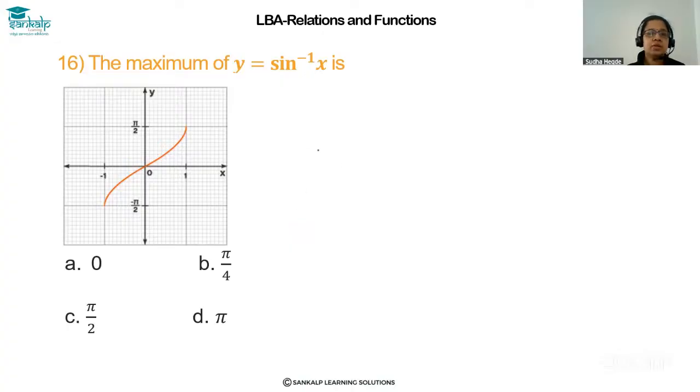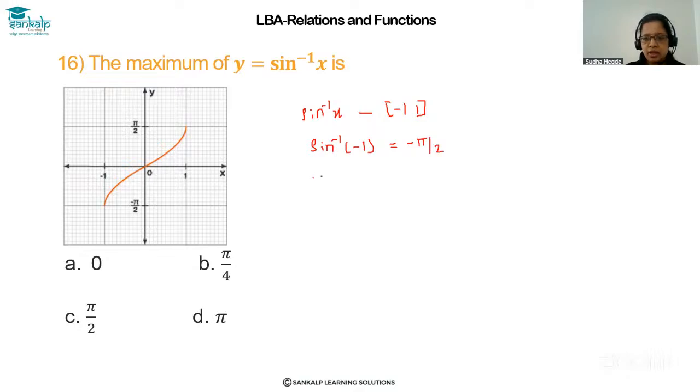Hi students, the question is the maximum of y is equal to sine inverse x. The domain of sine inverse x is the closed interval -1 to 1. Correct? So sine inverse of -1 is equal to what? -pi/2.